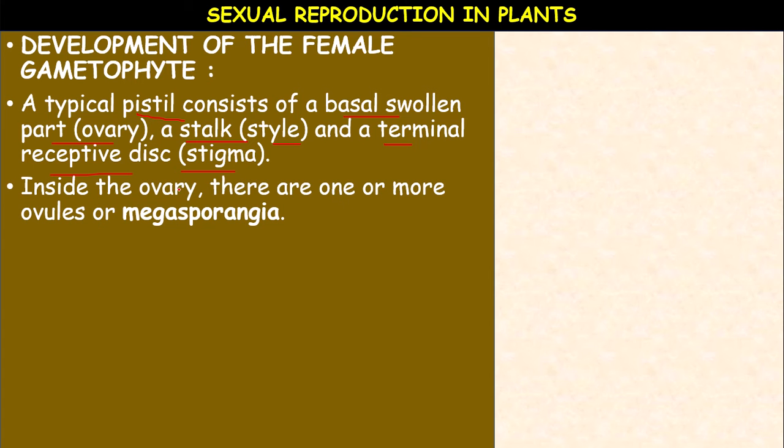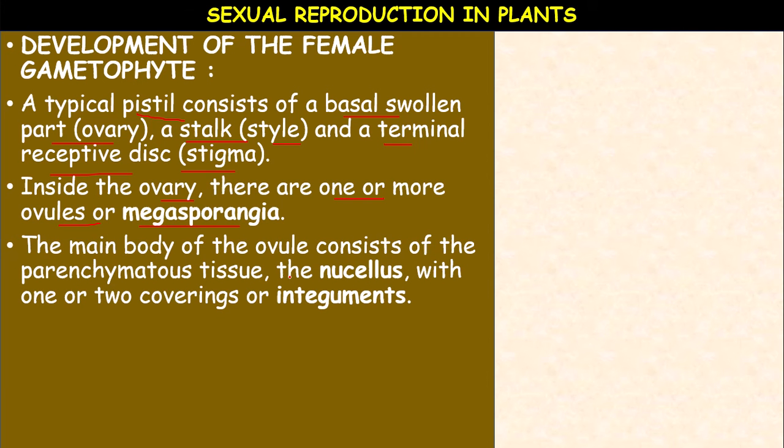Inside the ovary there are one or more ovules, also called megasporangia. The ovule is an integumented megasporangium found in spermatophytes, which develops into a seed after fertilization.